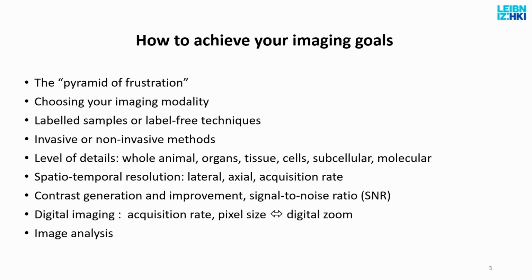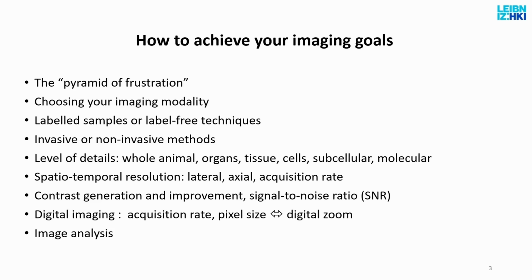So how do we build up such a knowledge that helps us get the best out of microscopy? These are the basic points that you need to know, and we will go through them one by one, and we will end up here where you will hear more about this afternoon, tomorrow, and again on Wednesday, the image analysis part.